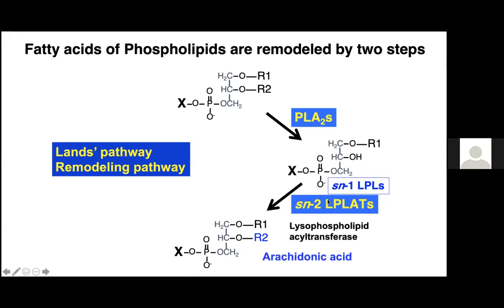And the second step is catalyzed by SN2 type lysophospholipid acyltransferases, SN2 LPLATs, which introduce the fatty acid at the SN2 position of SN1 LPL. More than a dozen isozymes have been reported as candidates of PLA2 molecules. And as SN2 LPLATs, 2 LPLAT molecules that specifically introduce arachidonic acid were identified.